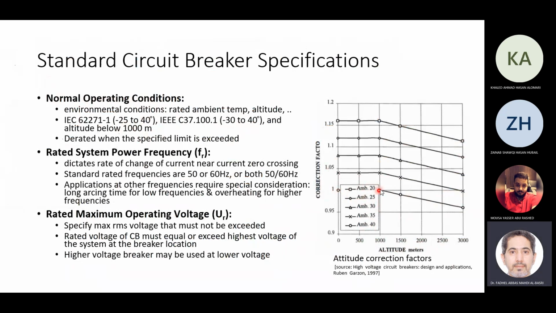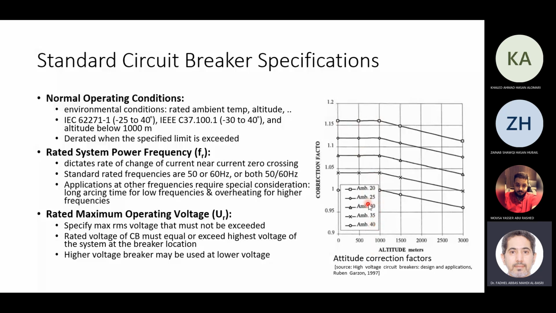If you use the breaker at a lower temperature, let's say 20 degrees instead of 40, and it is designed at 40, it can take more current. In this case, it can take 15% higher than its rating, because it is not at its maximum temperature. Similarly, if the temperature is higher than 40 degrees, there will be a reduction in its rating.